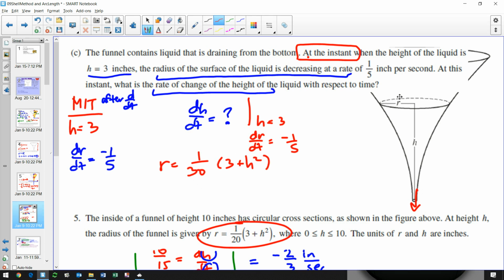Does this formula apply for this picture? Does it have an r in it? Does it have an h in it? Okay. But I don't really want r and h. I want dh/dt and dr/dt. How do I move this to dh/dt and dr/dt? You take the derivative of both sides. With respect to what? Do you remember? Time. And guys, in real life, d/dt is way more useful than d/dx in most situations, unless you're doing optimization that's not related to time.